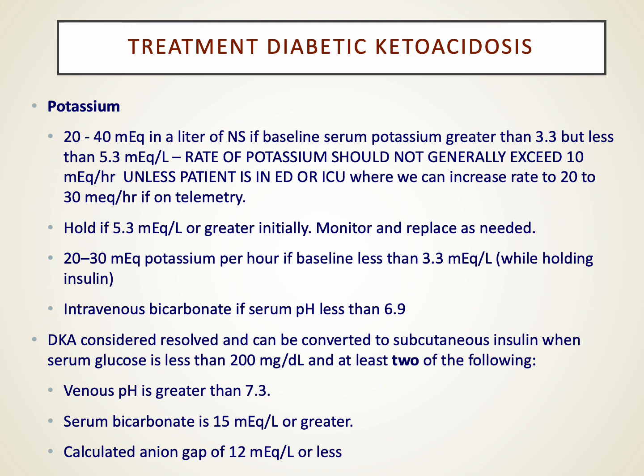Typically, we'll give them 40 milliequivalents in a liter of saline, perhaps, but as often, we'll also give them 10 milliequivalents per hour IV. And if they're in a critical care situation and their potassium is very low, we may go as much as 20 or 30 milliequivalents per hour on a monitored floor. But we're going to be very careful about how we manage their potassium in conjunction with their insulin drip and with their fluid balance.